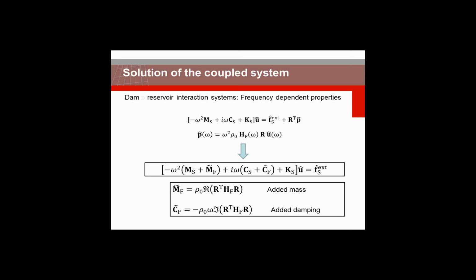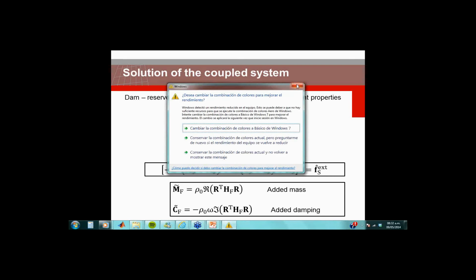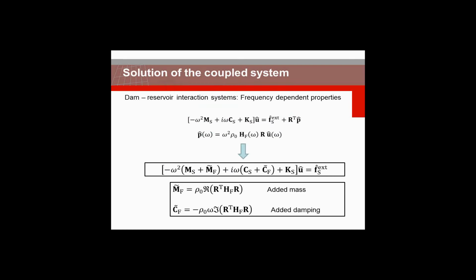This additional mass is the real part of the multiplication of the interaction matrices times this HF matrix, which is frequency dependent, and the additional damping, on the other hand, is the imaginary part of the same matrix multiplication times the density and the excitation frequency, right?